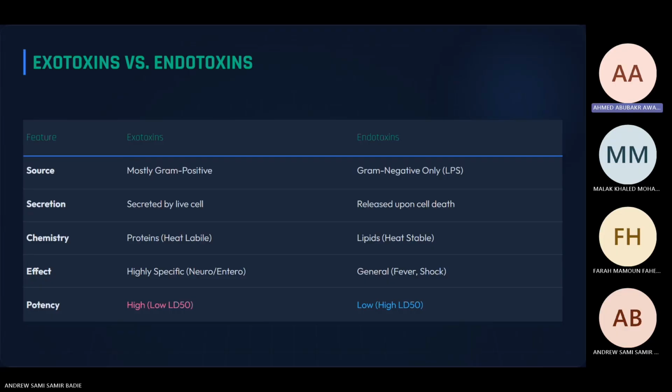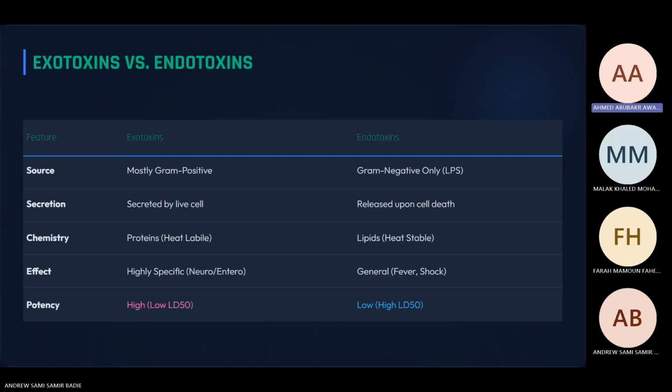They are part of the bacteria itself, as we discussed before in gram-negative bacteria. When the bacteria dies and breaks apart, it releases these endotoxins, which trigger a massive immune response, like fever, shock, and other effects. In short, exotoxins are actively released and super potent, while endotoxins are part of the cell, released on death, and can cause inflammation.